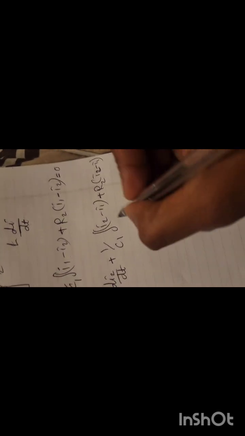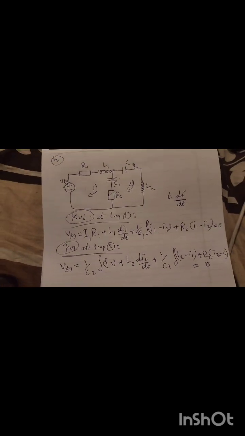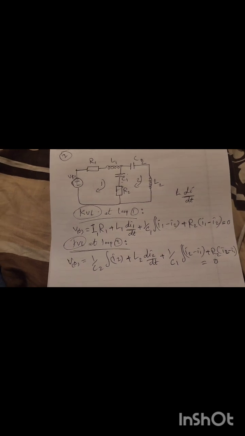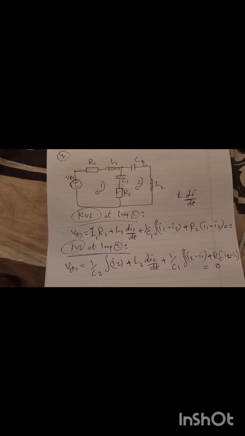And we also have R2, so R2 multiplied by I2 minus I1, and it's equal to 0. And this is all for the second question. And let's move to the third question.